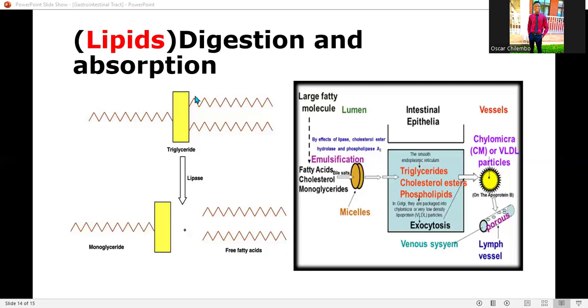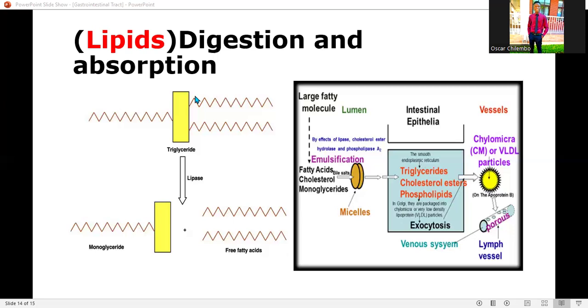So what property of bile salt enables lipid digestion? Bile salt is amphipathic. It has both a water-loving as well as a lipid-loving part. Those areas which are lipid-loving combine with the lipids, and those areas which are water-loving combine with water. That process we call emulsification.